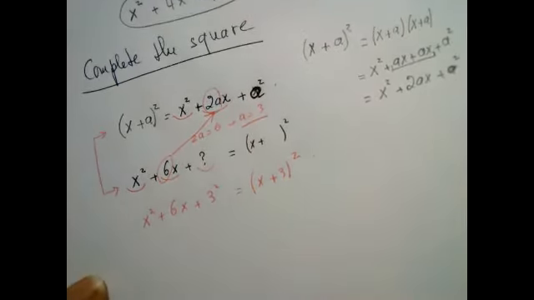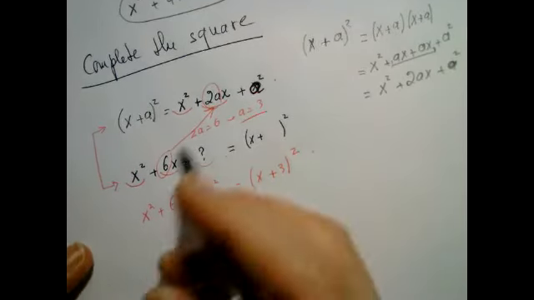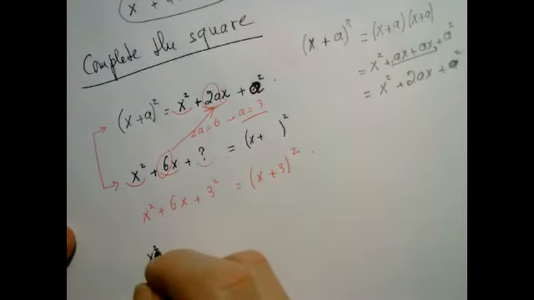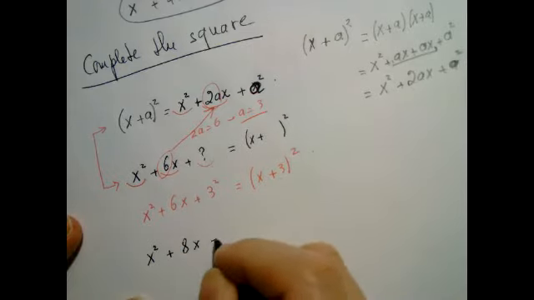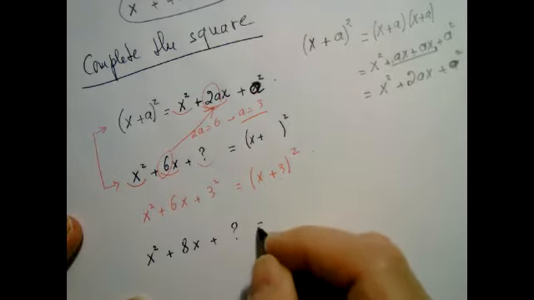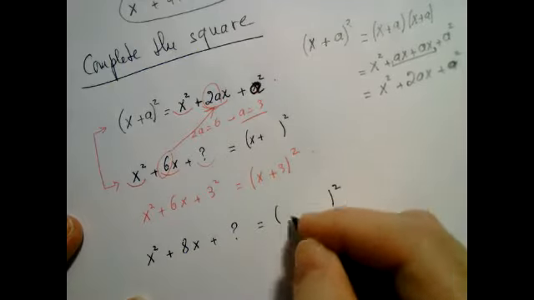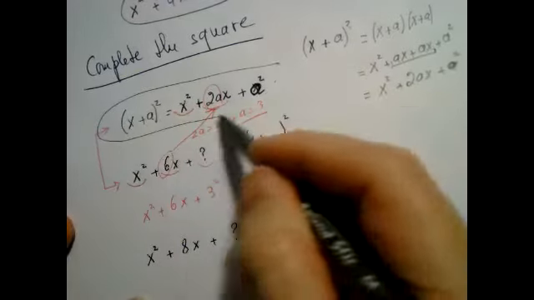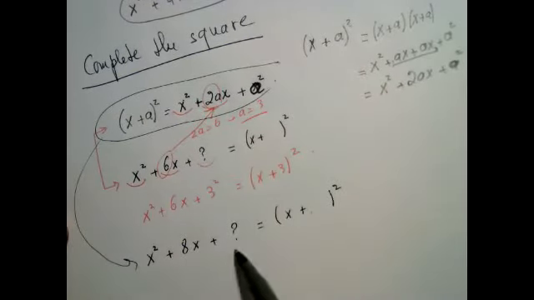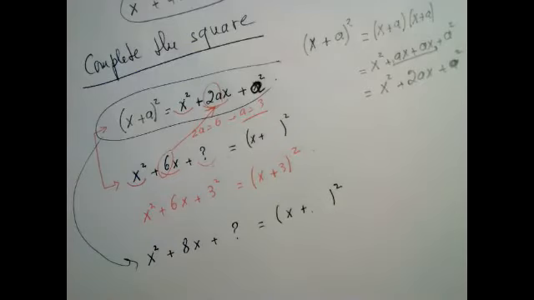Let me give you another example, and then I will give you the algorithm. Suppose I have x squared plus, let us say, 8x. My question to you is, what should I add so that this becomes something squared? Again, I want you to find the analogy here.